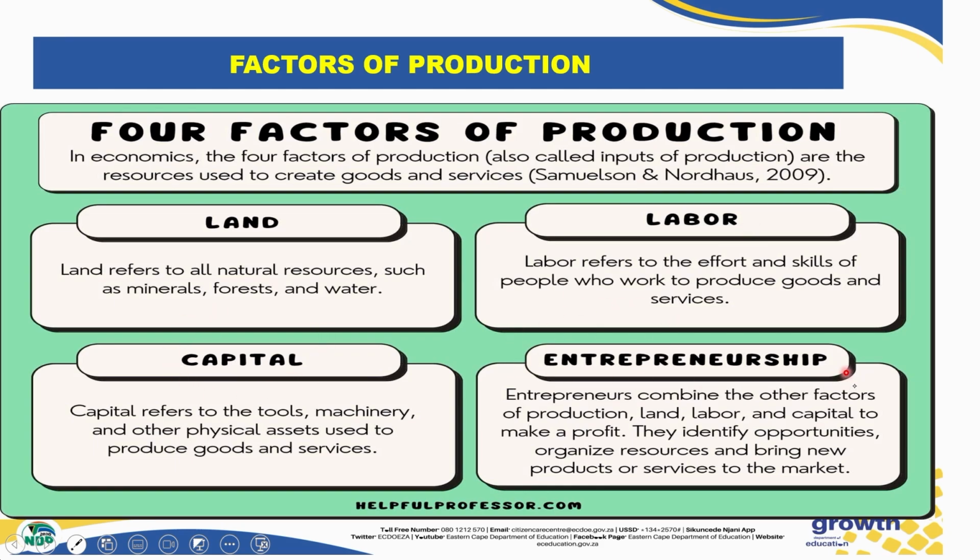This person is called the manager, combining these factors of production to what? To make profit, because the purpose of running any business is to make a profit. They identify opportunities, organize resources, and bring new products or services to the market, to make what?